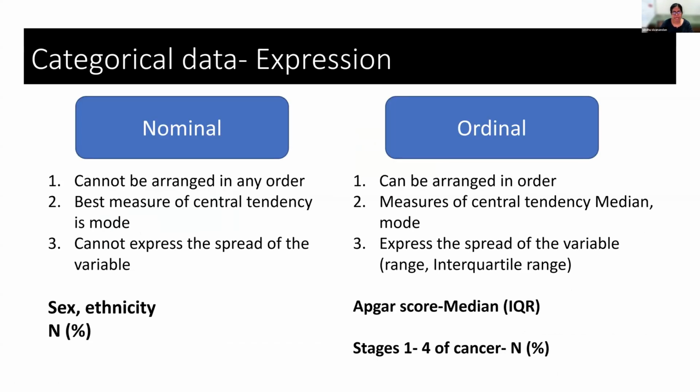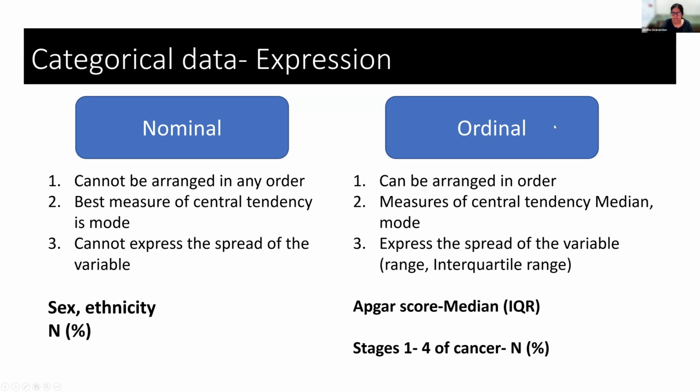So now let us see how data can be expressed. Nominal and ordinal are both categorical variables. Here generally the expression is in the form of number and percentage. If you look at the first question, rupture of membranes more than or equivalent to 24 hours, the answer is either yes or no, represented as number and percentage.